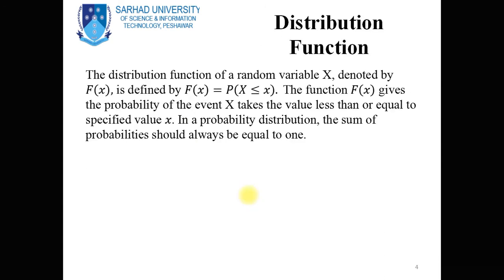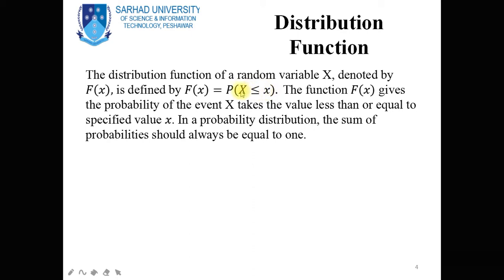Now, the distribution function. So this is now actually the probability distribution. The distribution function of a random variable X is denoted by F(x) and is defined by F(x) is equal to the probability that X is less than or equal to small x.